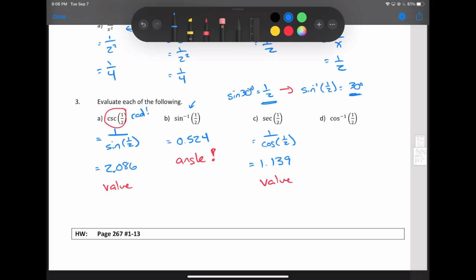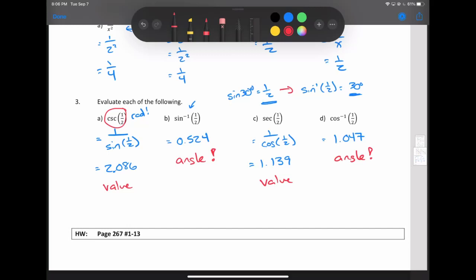Cos inverse of 1/2, 0.5 second function cos, is 1.047. And that is an angle in radians. It's about pi over 3, a little bit less than that. So pi over 3 would be 60 degrees. I'm guessing that's about 50-some degrees, 58 degrees, 59 degrees.